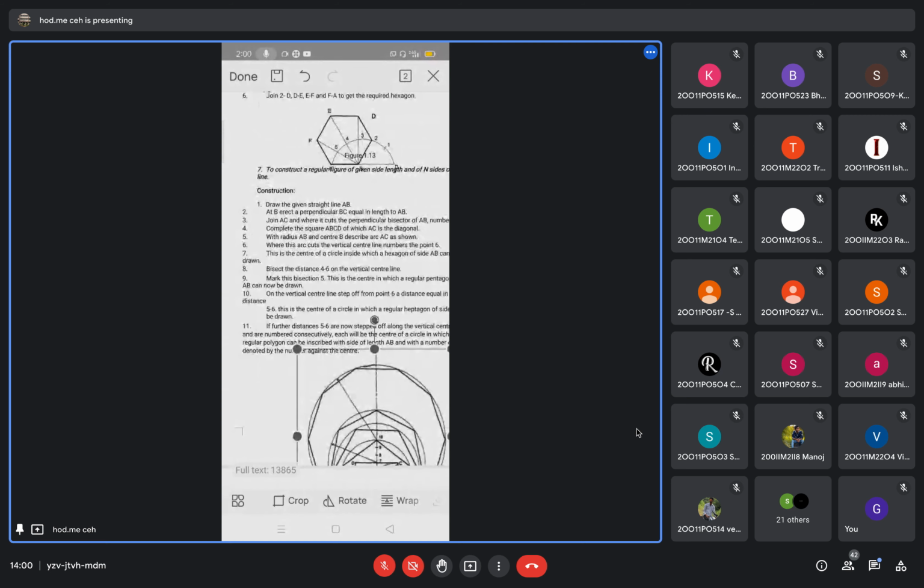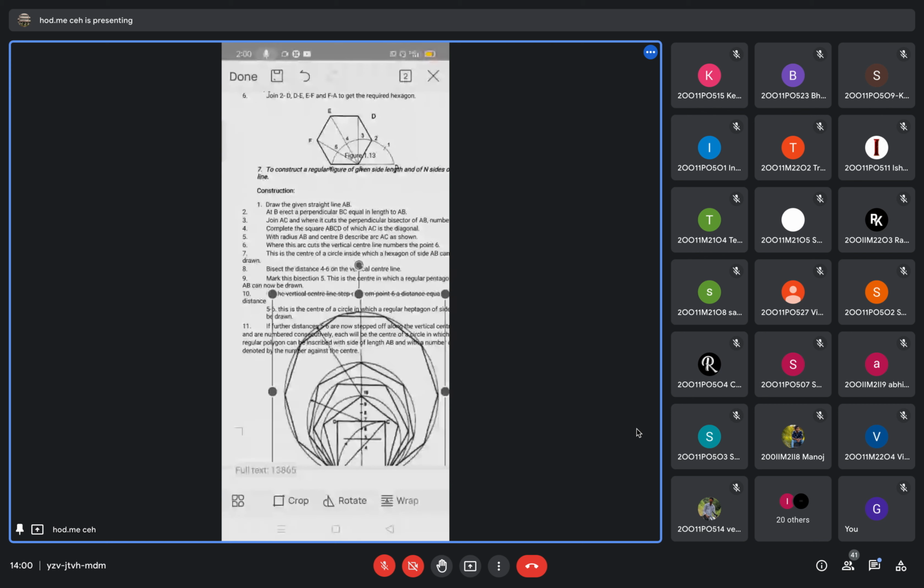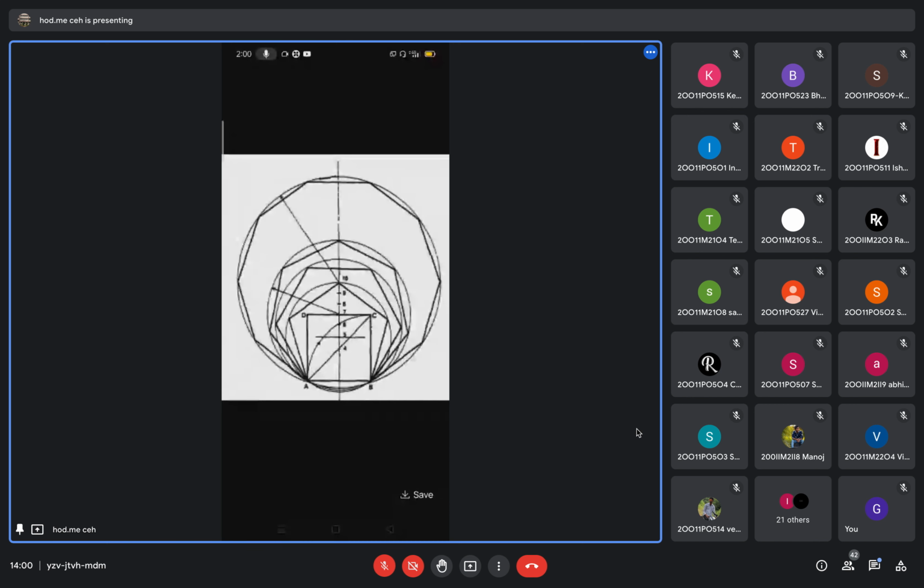The sixth point: here this arc AC cuts the vertical center line. Number the 6 parts. Okay, this line has the 6 parts, 1, 2, 3, 4, 5, 6, 7 vertically. These are the 6 equal parts, 4, 5, 6, 7, 8, 9, 10.